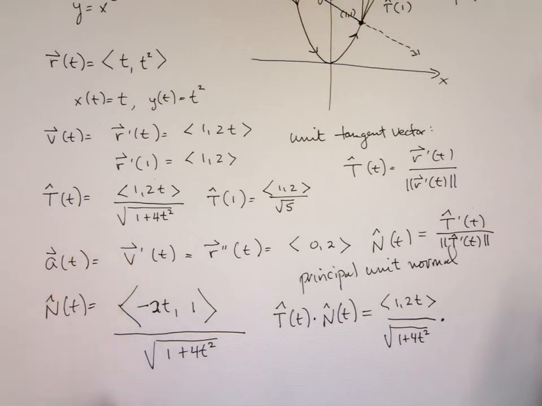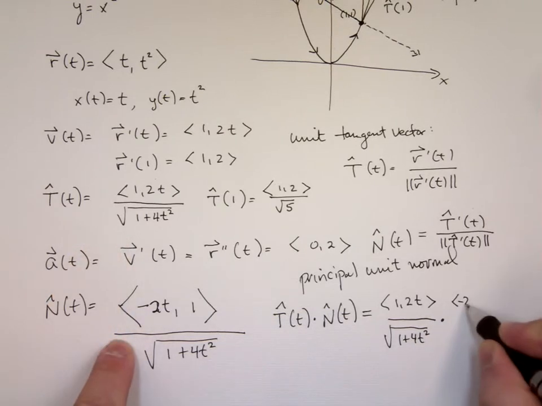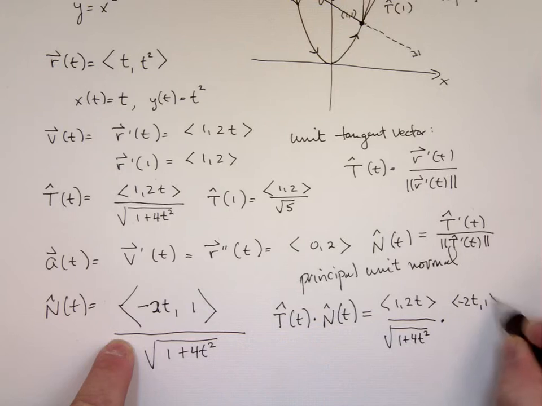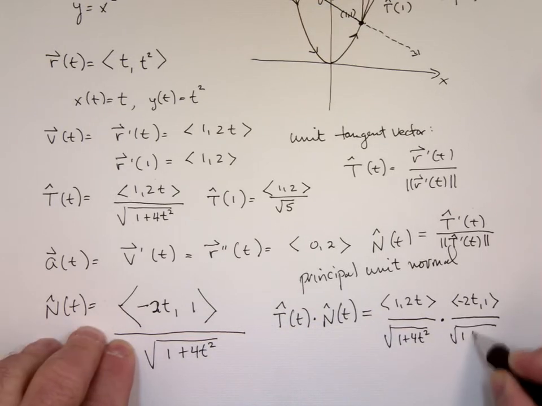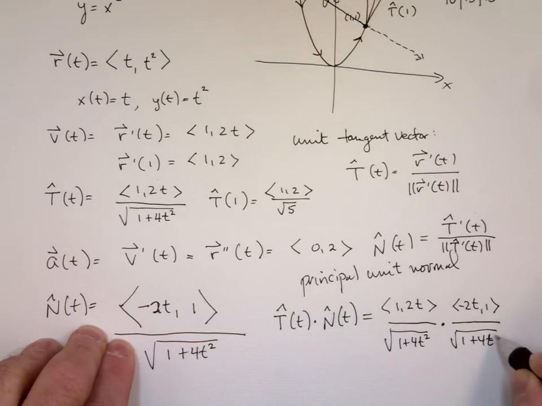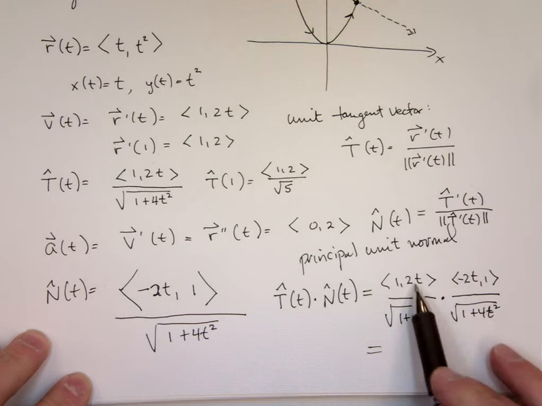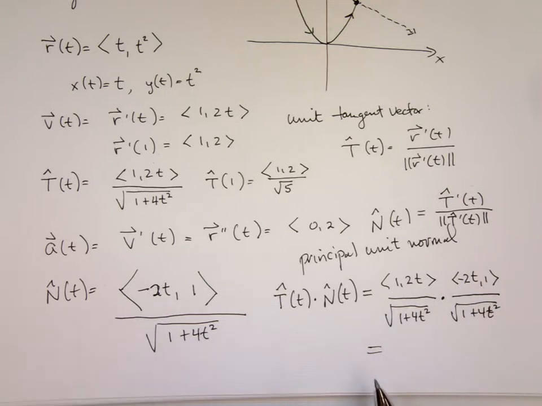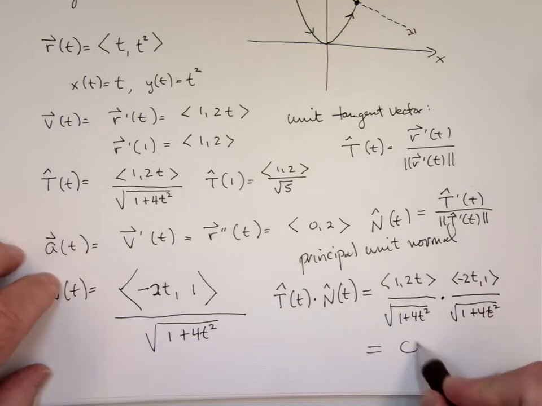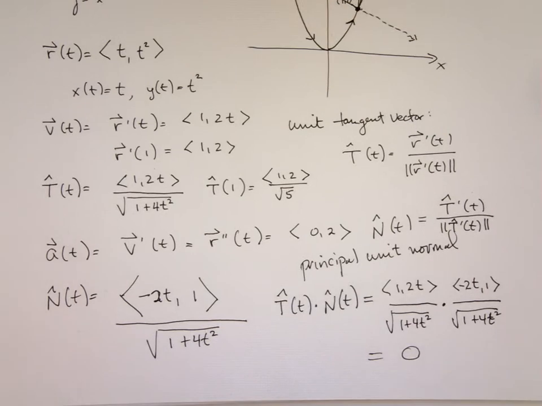Dot the normal. And what happens is we end up with negative 2t, positive 2t, 0. That shows that they're indeed perpendicular to each other, or normal to each other.